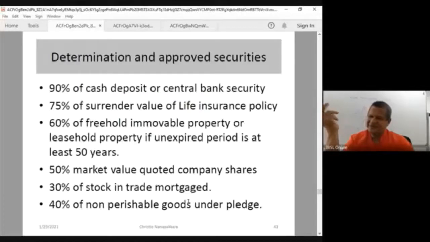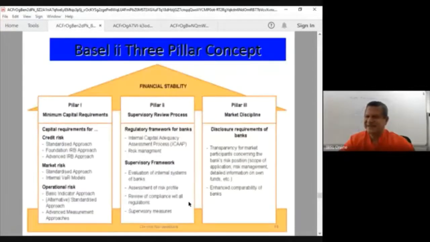I know some banks, even for normal customers, go up to 75%. If you take quoted companies' shares, you can only consider 50% of that. Stock in trade, 30%. Pledge of non-perishables at 40%. That is related party.